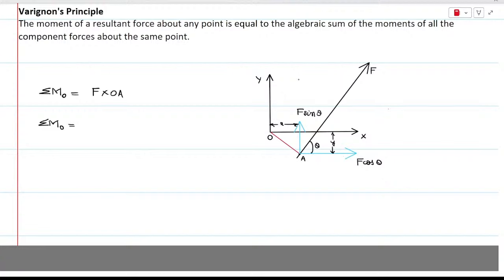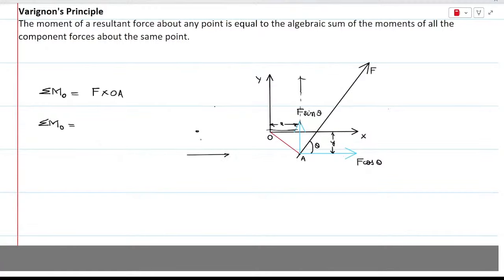So for that reason, from F sine theta, you need to draw a perpendicular from O. So if you observe the force and perpendicular distance, and if we try to rotate it about O, it is producing counterclockwise.